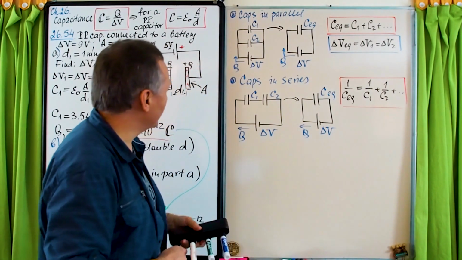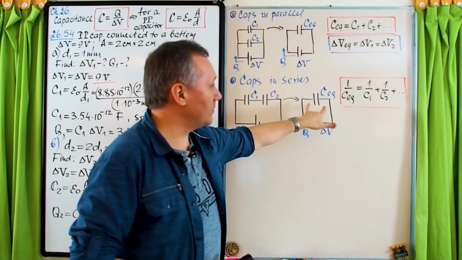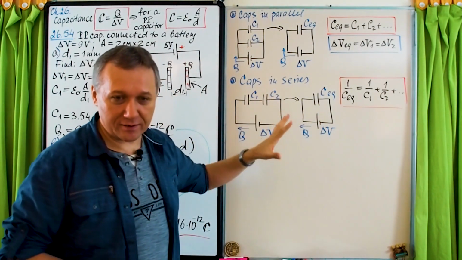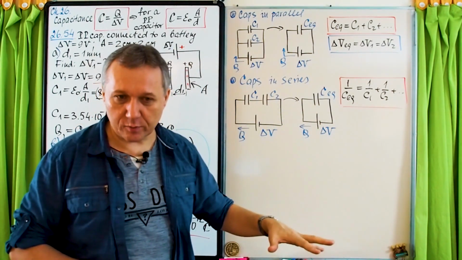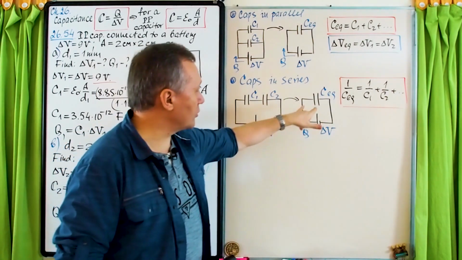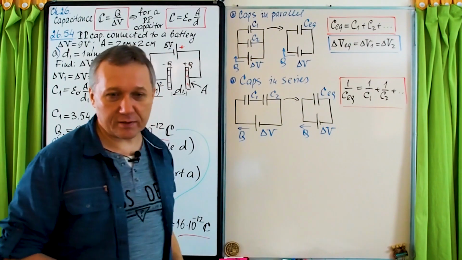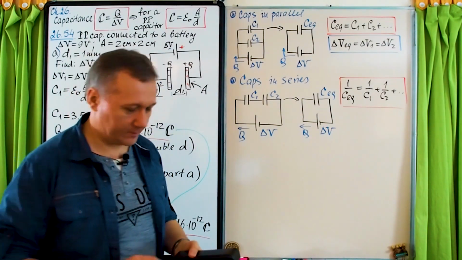All right. So now, what is the same between the equivalent capacitor and capacitors connected in series? Again, I will prove it tomorrow. Charge in the equivalent capacitor and charges in these capacitors are exactly the same.